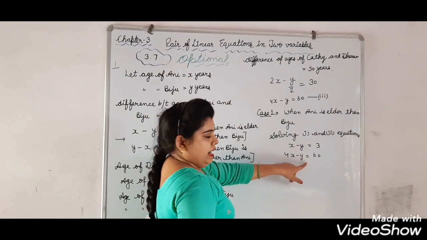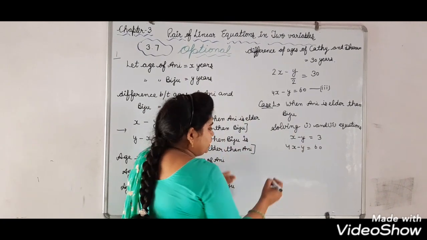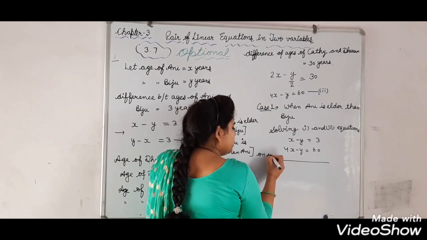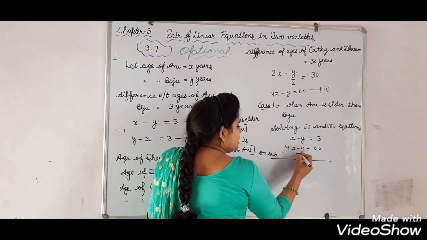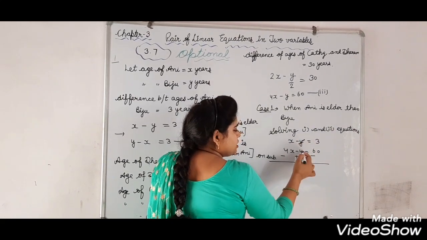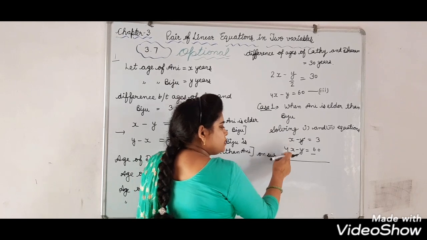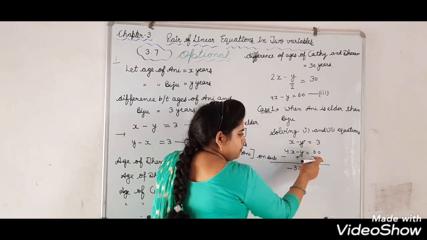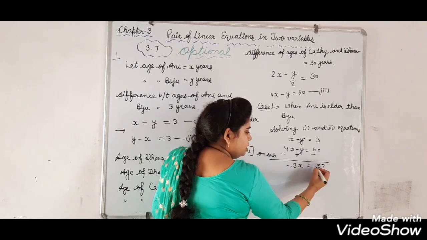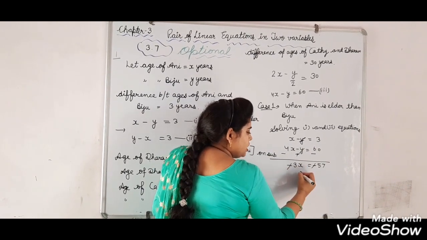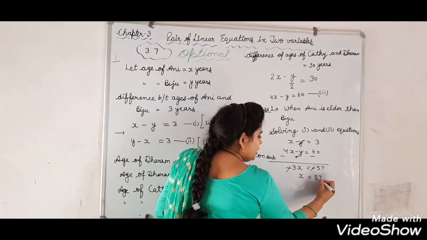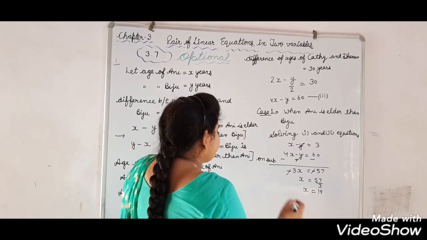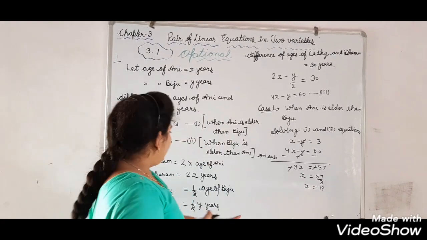From here, y having same coefficient, then we can use elimination method on subtracting. Minus y plus y cancel out. x minus 4x is minus 3x. 3 minus 60 is minus 57, minus minus cancel out. x is equal to 57 divided by 3. x is equal to 19. So, we have to find the value of y now.